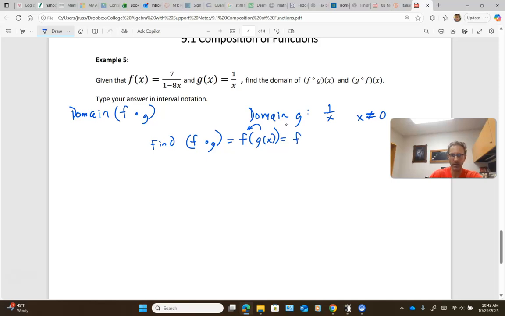So f of 1 over x. We've got to take this 1 over x and plug that into the x in f right here. So f is 7 over, and then in the denominator we have 1 minus 8 times, now we're going to plug in g, which is 1 over x.